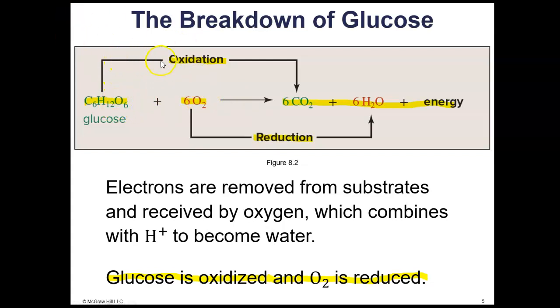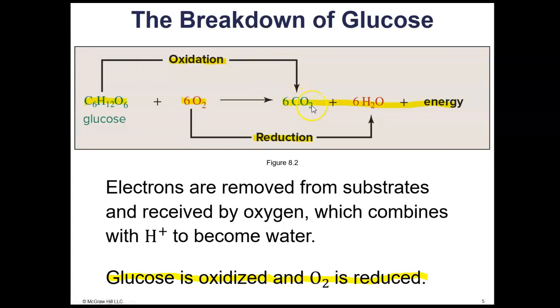So glucose undergoes oxidation. We say glucose is oxidized. Now, where are the electrons it's going to lose? The electrons are found in the hydrogen, in these 12 hydrogen atoms. So what you see happening is glucose has the atoms carbon, hydrogen, and oxygen. And after cellular respiration, all of that hydrogen is gone.